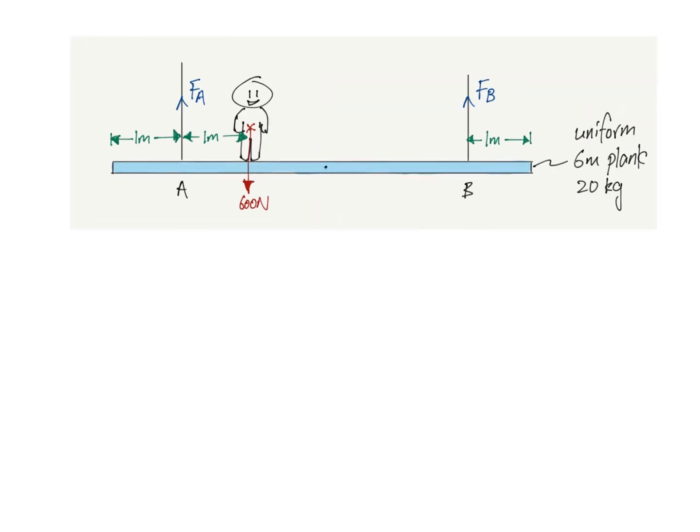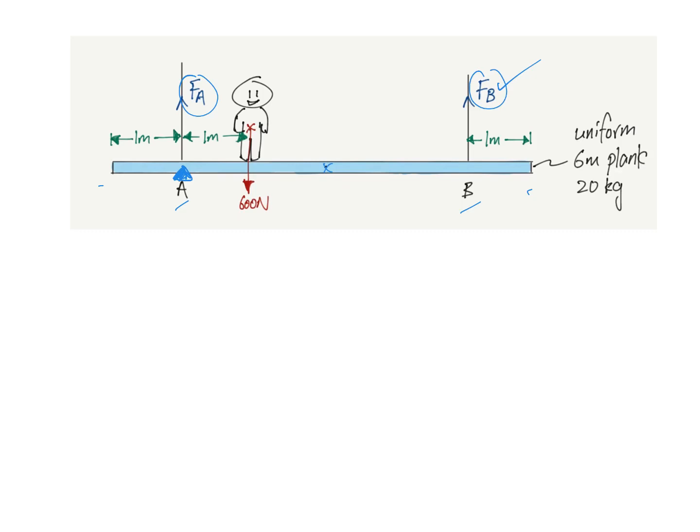In this question, you are not given a physical pivot point, but because this plank is in equilibrium, you are basically free to take any point as the pivot. You can take the center, point A, point B, or the extreme end of the plank. But to work smart, because I have two unknowns, FA and FB, let's find one of them first, and I will take my pivot about point A. Why?